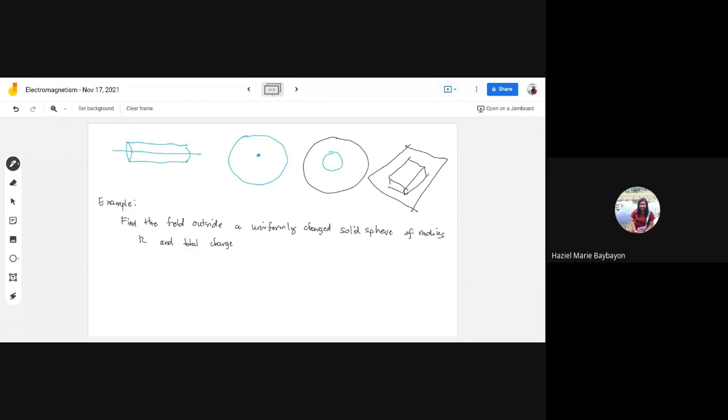Okay, so for this problem, our approach is first we have to draw a spherical Gaussian surface.